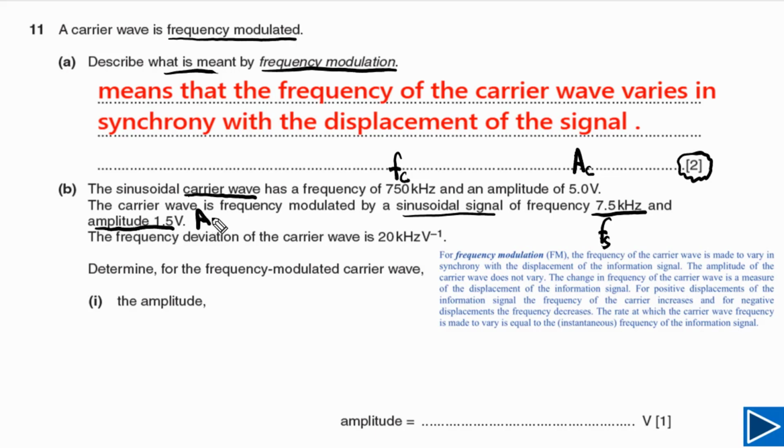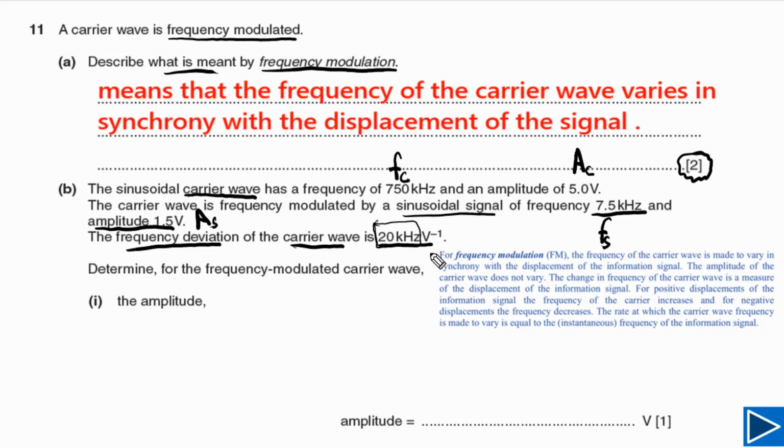The frequency deviation of the carrier wave is given as 20 kilohertz per volt. It simply means that the frequency of the carrier wave will change by 20 kilohertz when the amplitude of the signal changes by 1 volt. So this is frequency deviation.